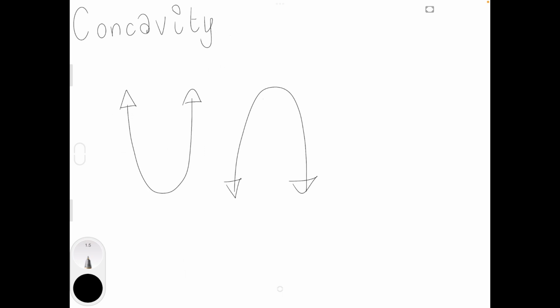So for concave up, the first derivative has to be increasing. Why? Well, the first derivative is basically the rate of change, or the slope. So whatever the slope is of the original graph, that is what the first derivative is going to say.